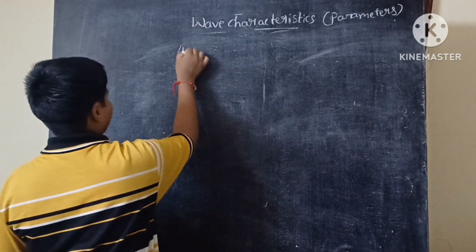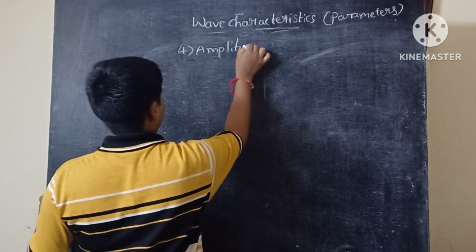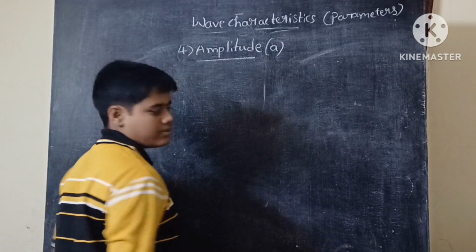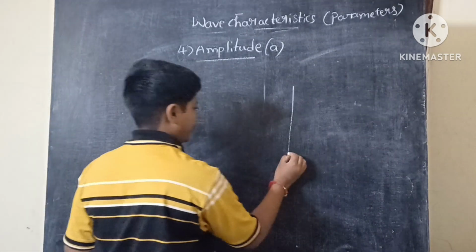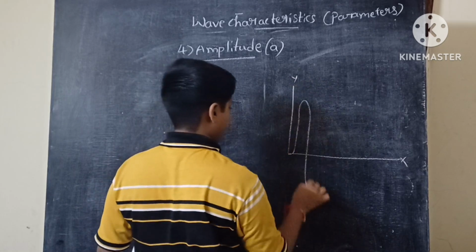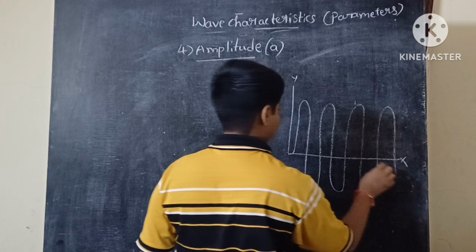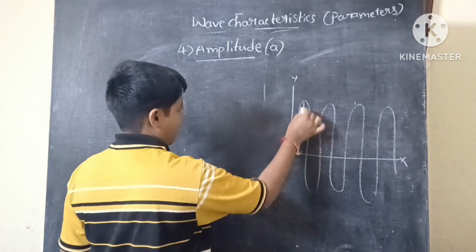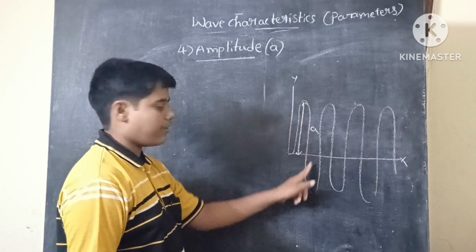And the fourth one, amplitude. It is denoted by A, simply small a. Amplitude means, if I take the x-axis and y-axis and this wave, the height of the wave. This is the height of the wave.